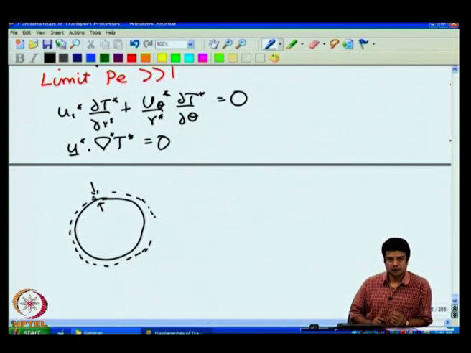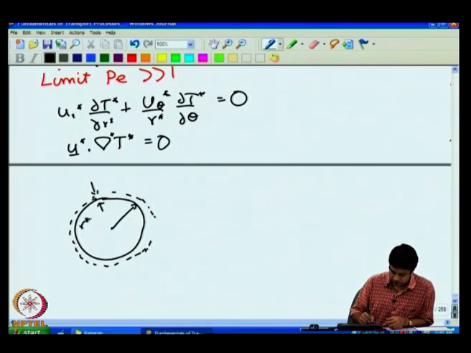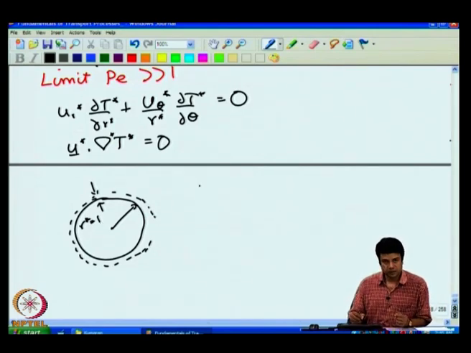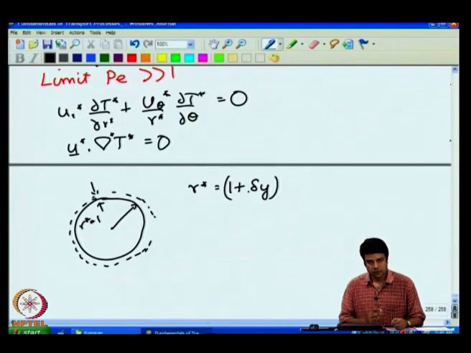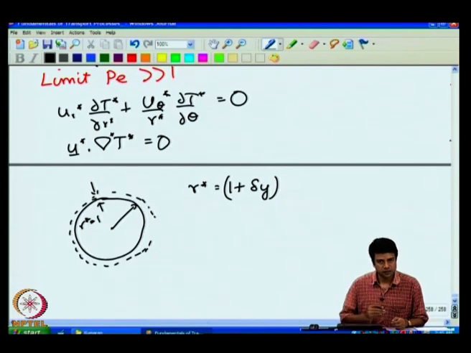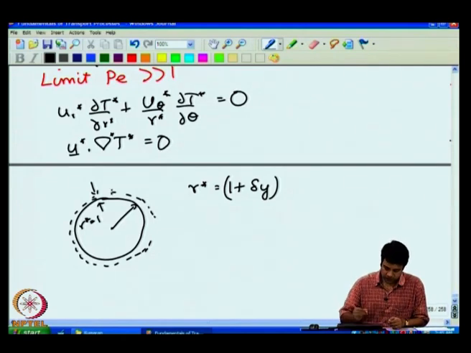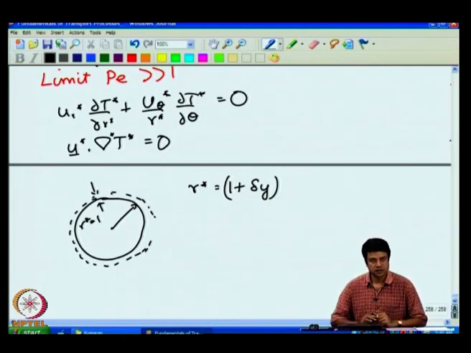We will obtain that from the consideration that convection and diffusion are of equal magnitude within this layer. So, the surface of the sphere itself is at r star is equal to 1. Therefore, I will postulate that there is another coordinate, r star is equal to 1 plus delta y, where y is a scaled distance within the fluid away from the surface. It is basically delta times y that is the distance of a point from the surface, because r star is equal to 1 is the surface.